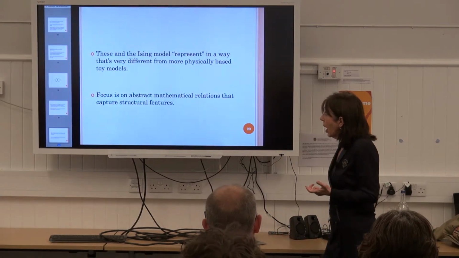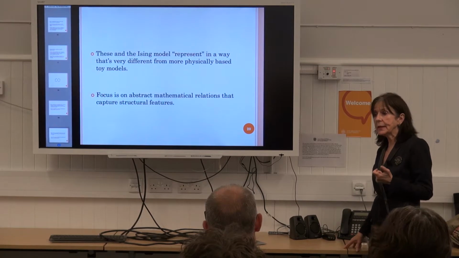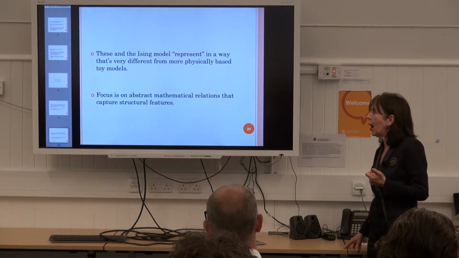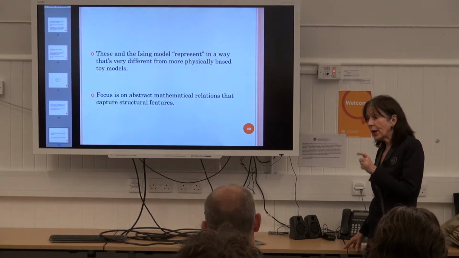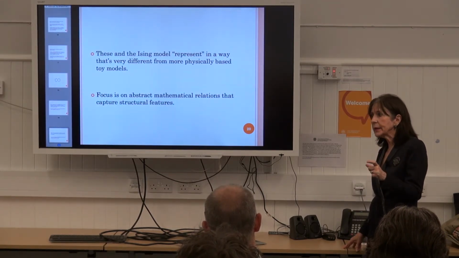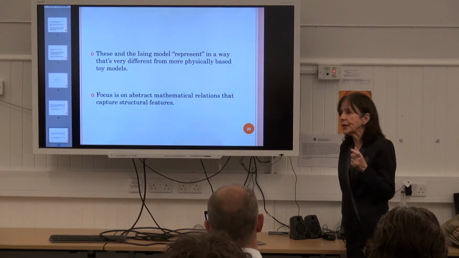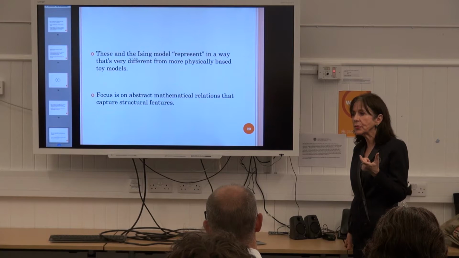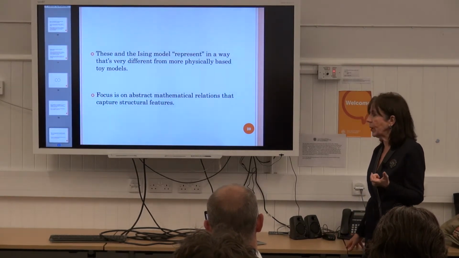So the Ising model and these quantum graphs represent in a way that's very different from physically based toy models. In the quantum graph case and in the Ising model, the focus is on mathematical relations that capture particular structural features of the phenomena or of the situation.